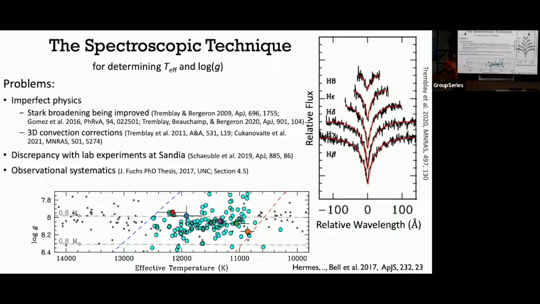And there's also a reason to understand that how the observations were taken and how they were reduced can greatly affect the results systematically.